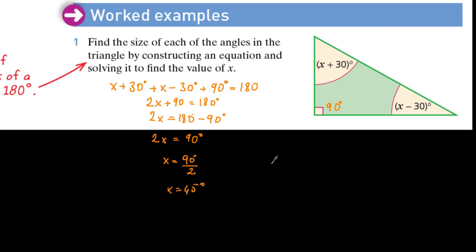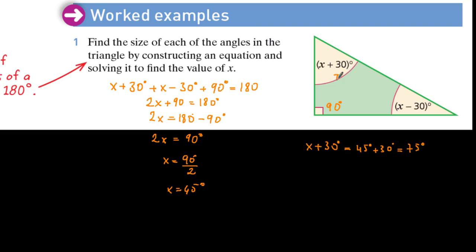So here the x value is 45 degrees, but it says to find the size of each angle, so we haven't finished the question. We know that one of them is 90 degrees from the given information, and x plus 30 is equal to 45 plus 30, which is equal to 75.